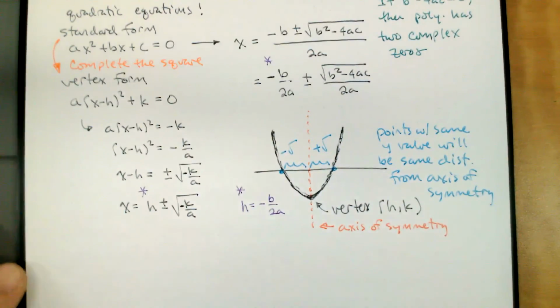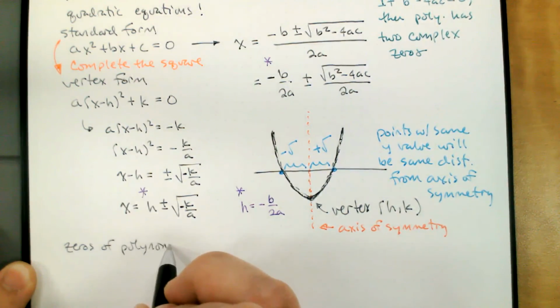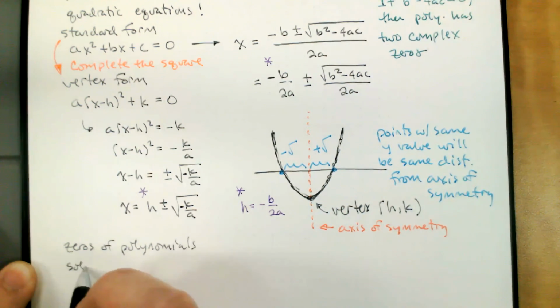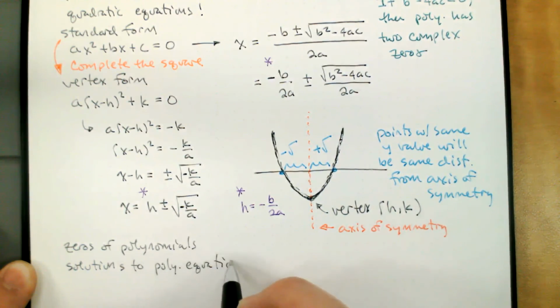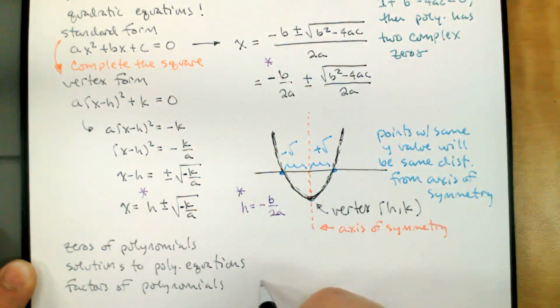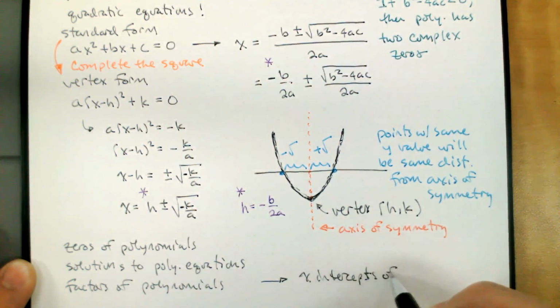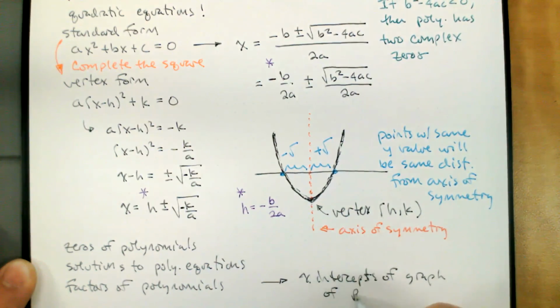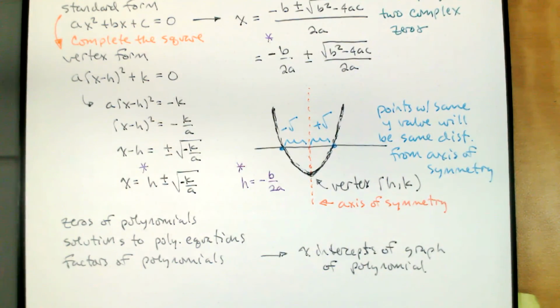Because we know that zeros of polynomials, solutions to polynomial equations, are related to factors of polynomials and x-intercepts of the graph of the polynomial. Zeros, solutions, factors, x-intercepts, all tied together.